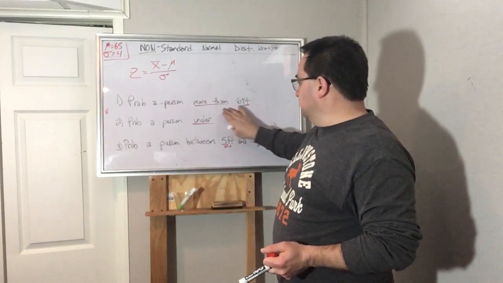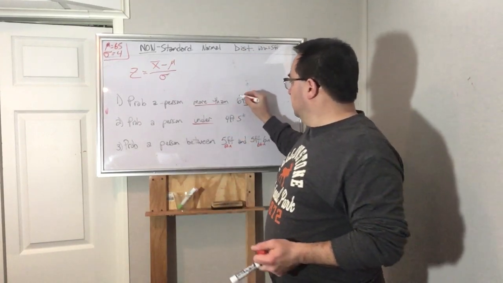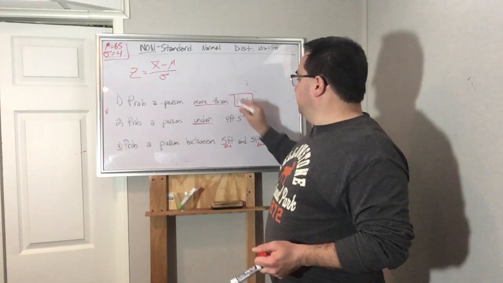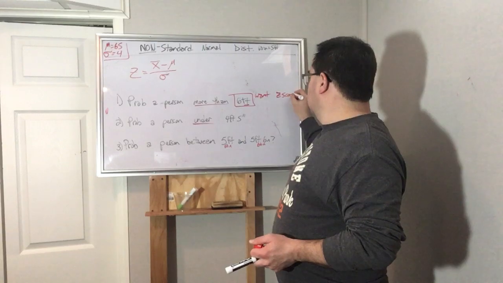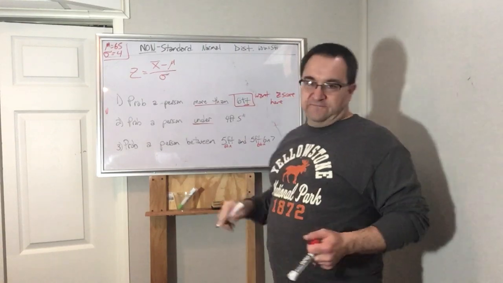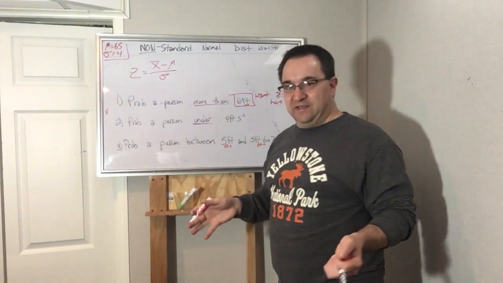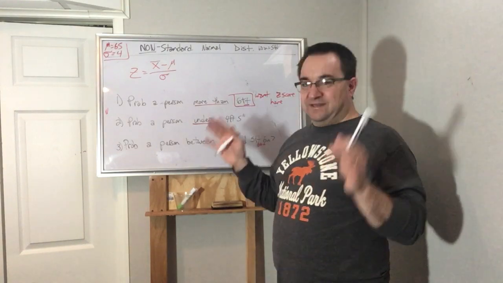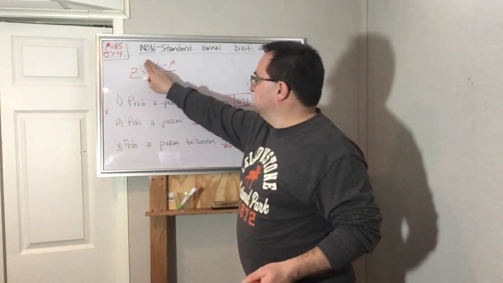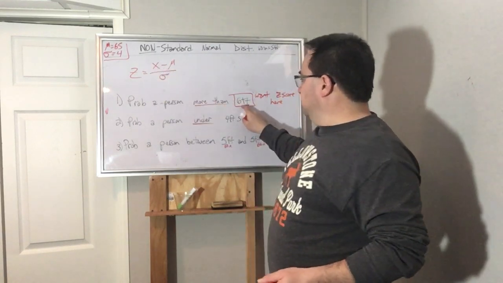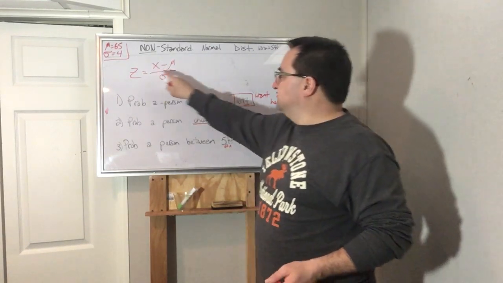So let's take this problem: more than 6 feet. We want a z-score here. I can't just put 6 into my calculator, I have to make it a z-score. The number we're interested in for the particular problem is the x.